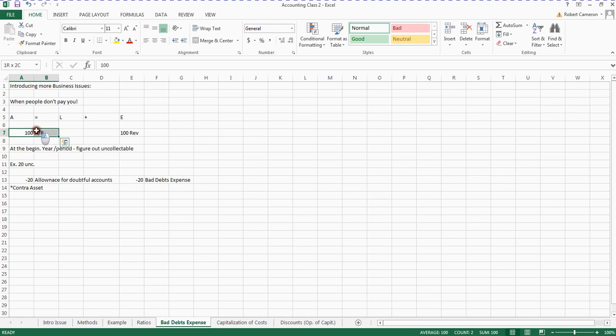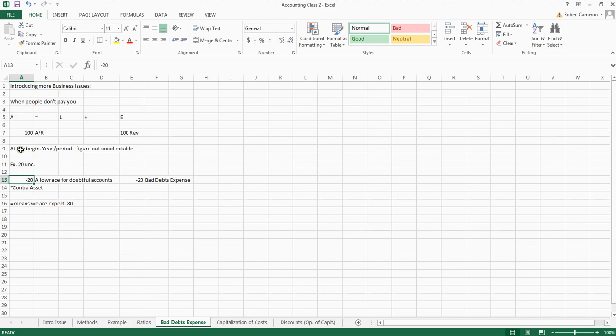So right here, $100 accounts receivable, that is unrealistic because we're not expecting to get all 100 of it. So we have this negative 20 allowance for doubtful accounts, which means we are expecting to get $80. So that's pretty much what we're saying here.